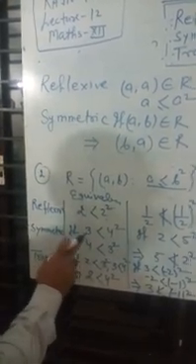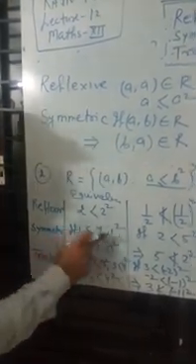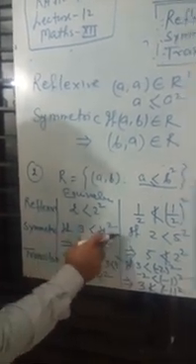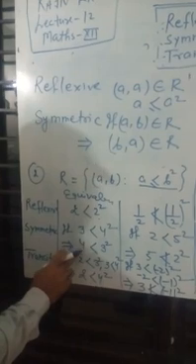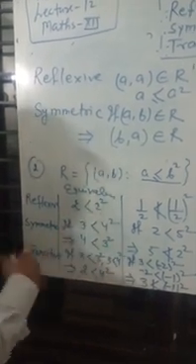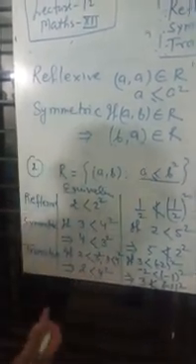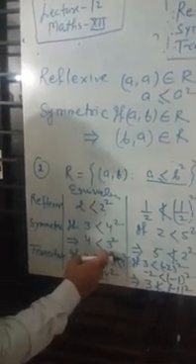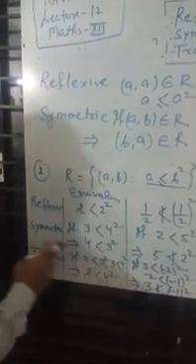If you take 3, 4: 3 is less than 4 square, and if you go on the inverse of this ordered pair, 4 is also less than 3 square. It will be symmetric.